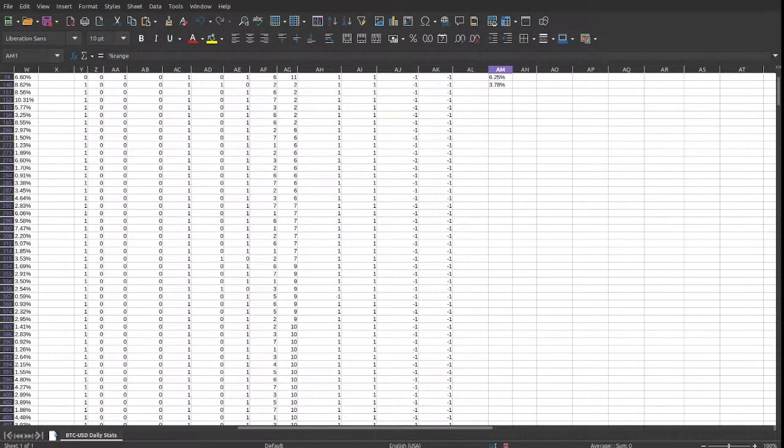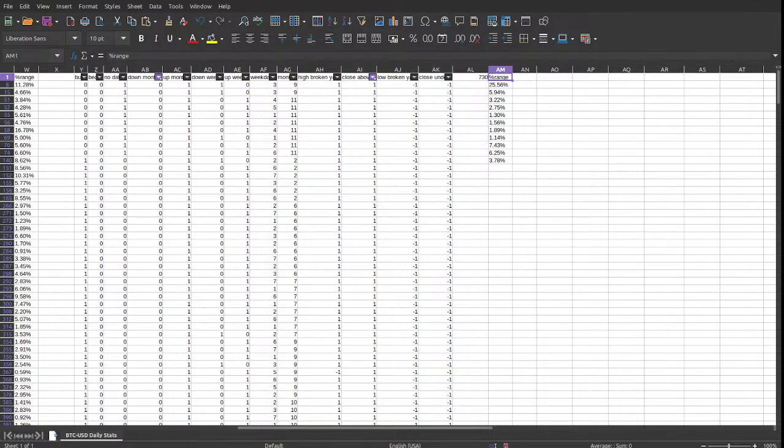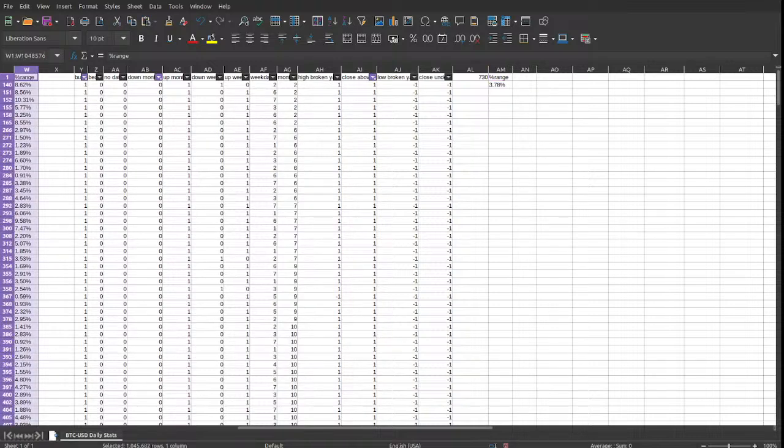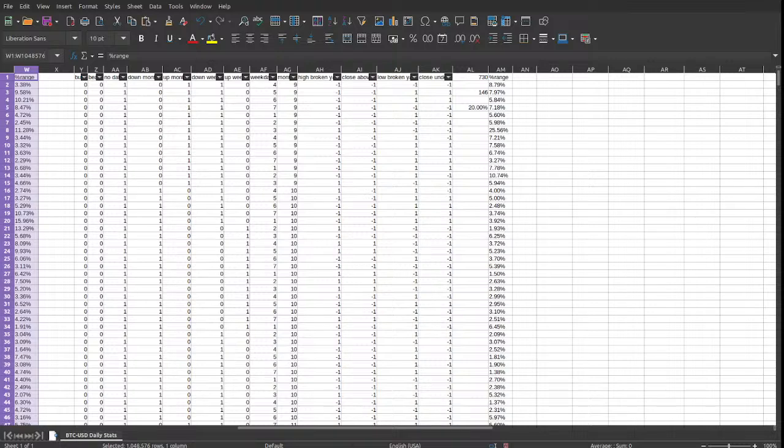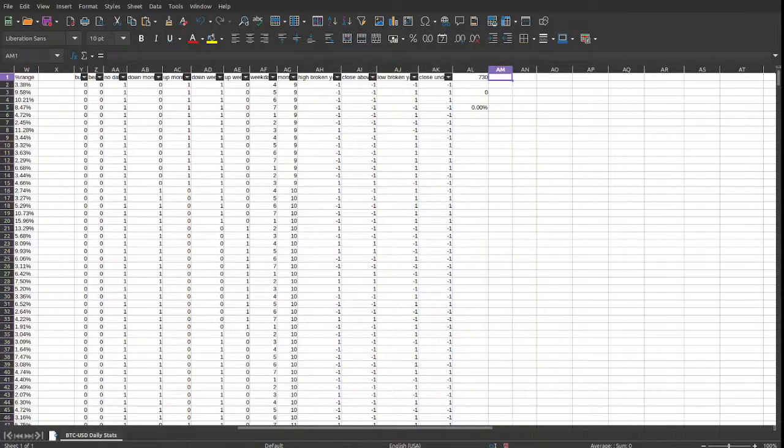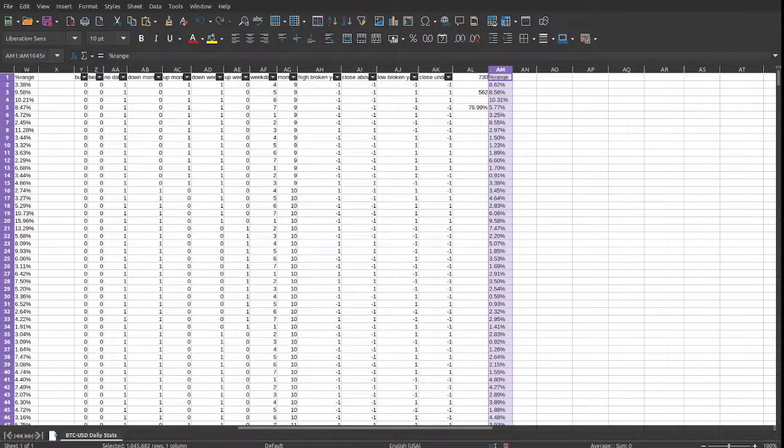Just had to make sure for a second. During a bull market. There we go. And we're gonna take that. 76%. That's higher than the other one. Let's take this one.